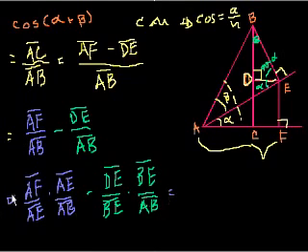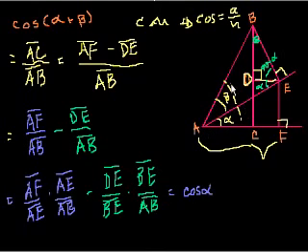So that equals, what is AF over AE? If we look at this right triangle, that's the adjacent over the hypotenuse for alpha. Adjacent over hypotenuse, that's cosine. So it's cosine of alpha. And what is AE over AB?